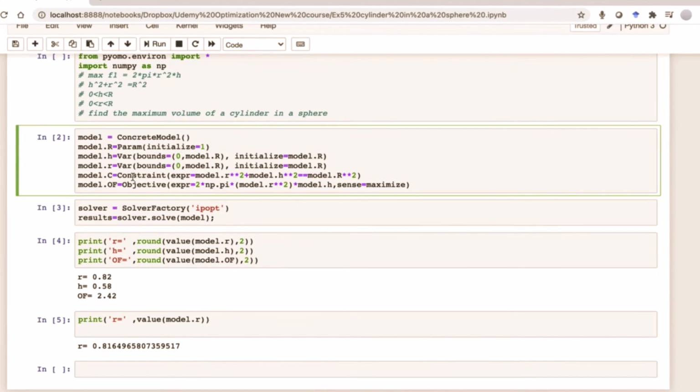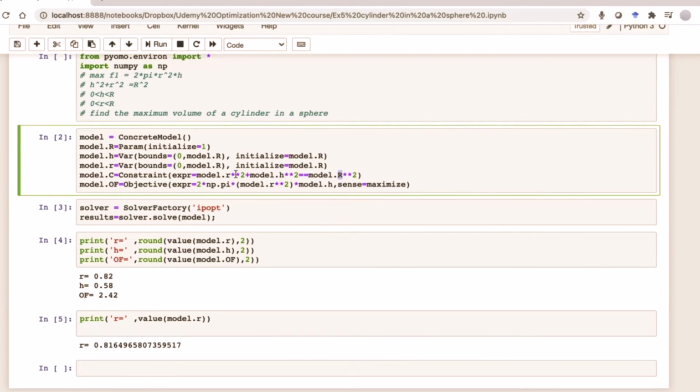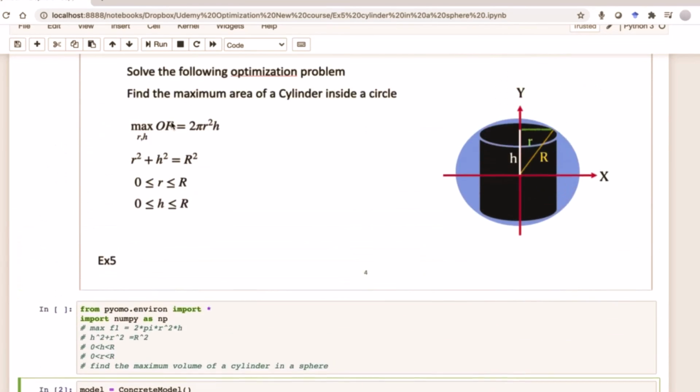We also need a constraint. For example, model.c is the constraint that is describing the problem for me. The expression is model.r square plus model.h square is equal to model.R square. As you already noticed, Pyomo distinguishes between capital R and small r. The objective function is the following expression here.